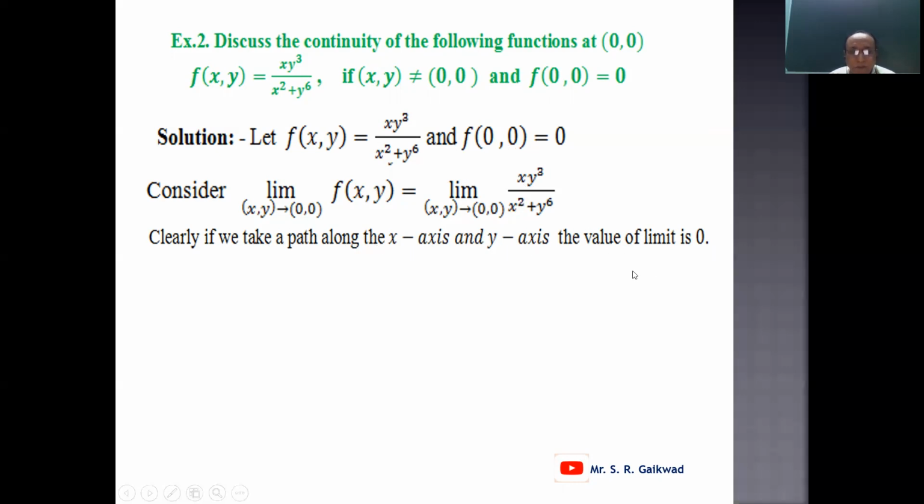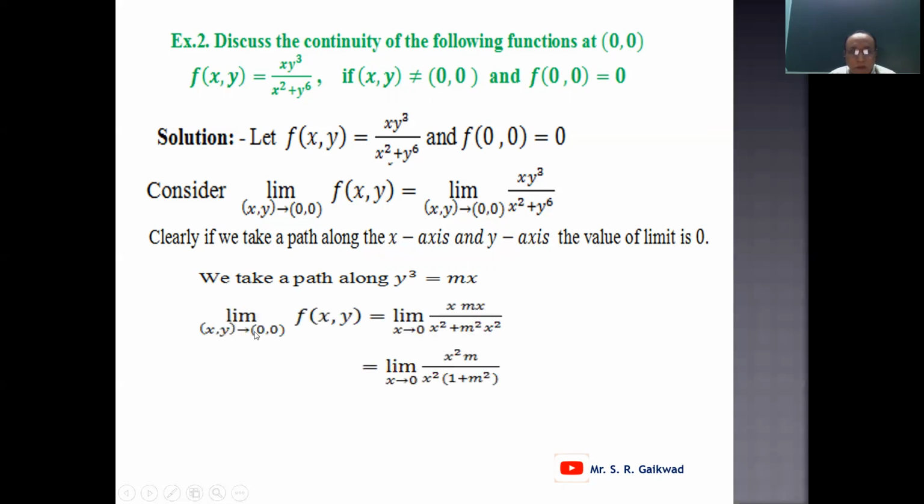Then we can take a path along y cube equal to mx, and therefore limit x comma y tends to 0 comma 0 of f of x comma y equal to limit x tends to 0 of x into mx upon x square plus, as y cube equal to mx, value of y raised to 6 is m square x square.